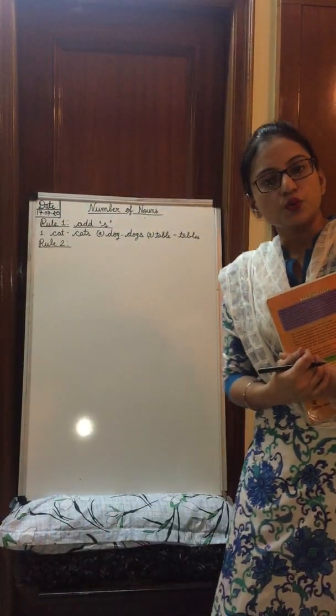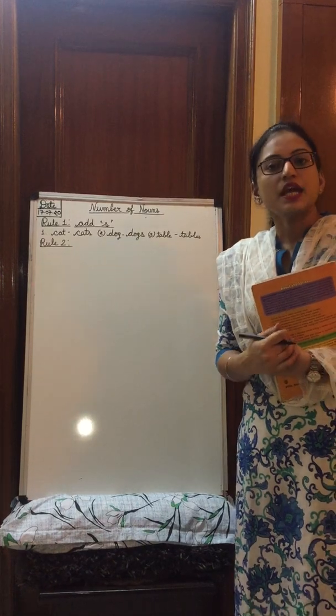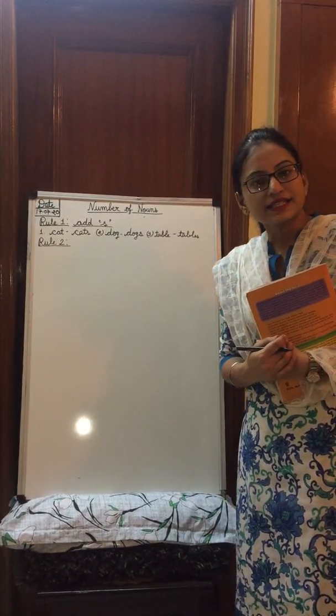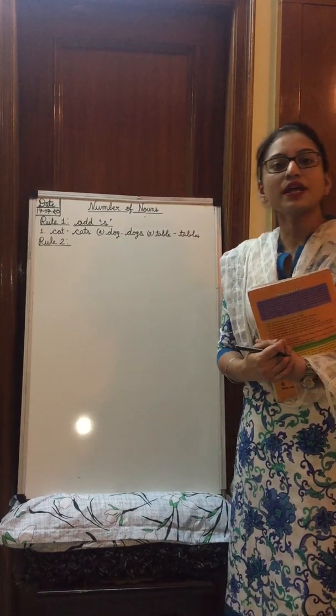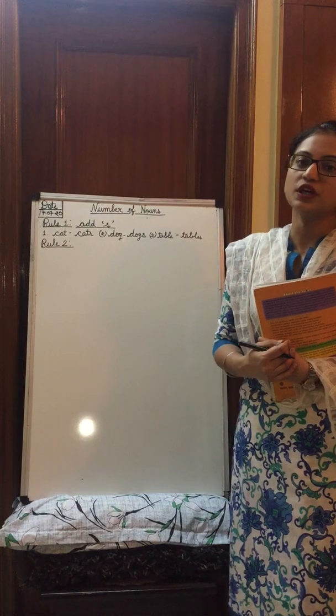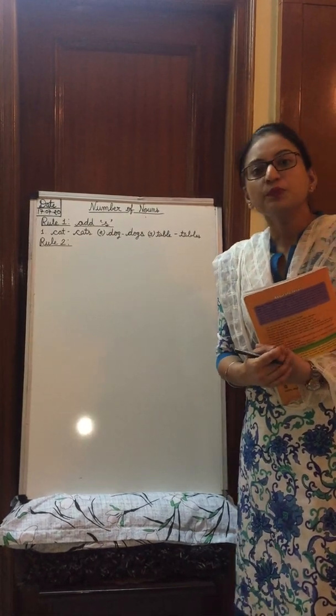In rule number 2, if a noun ends with sh, ch, ss, s or x, we add es to the end of the word to make it plural.